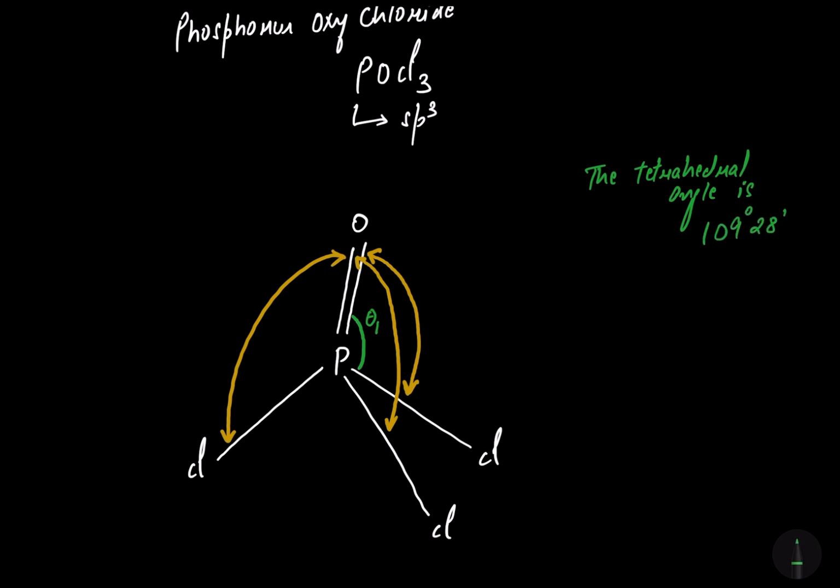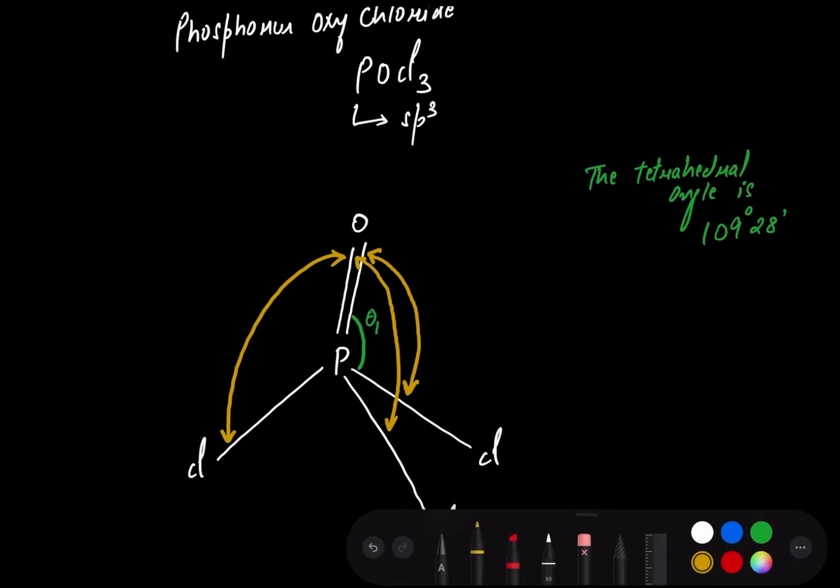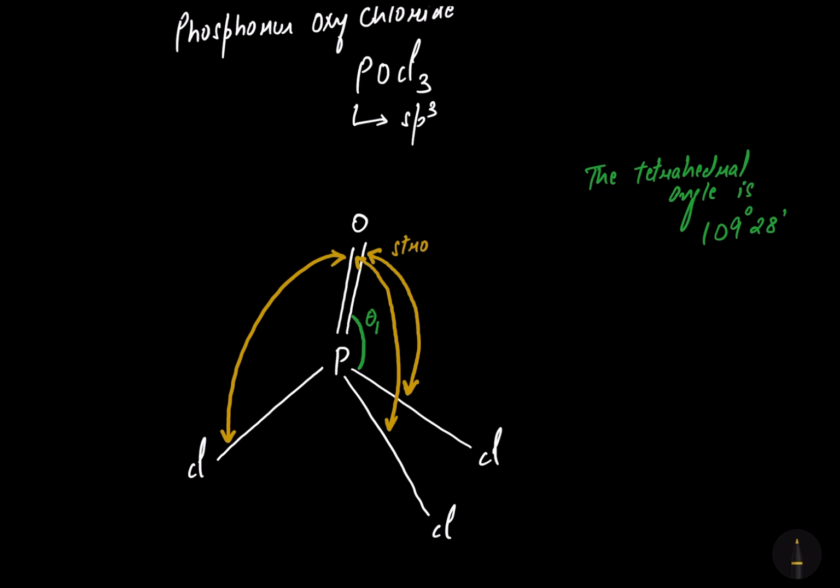In this case, the double bond is repelling the single bond strongly. I am writing here we are having strong repulsive forces between the double bond, that's P double bond O, and the single bond, that's P single bond Cl.